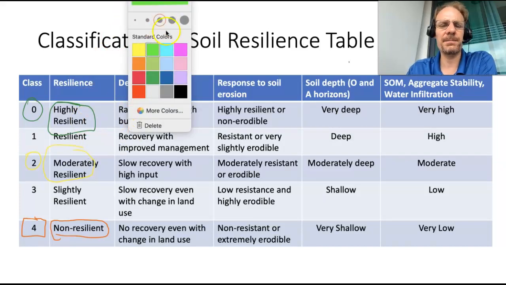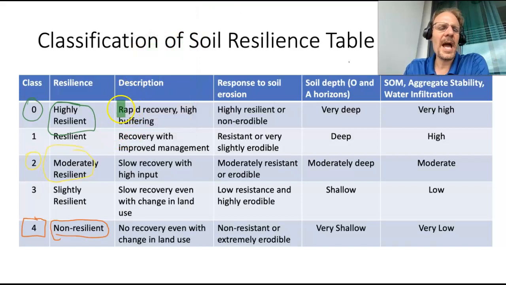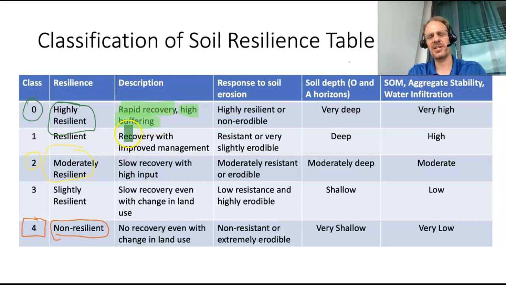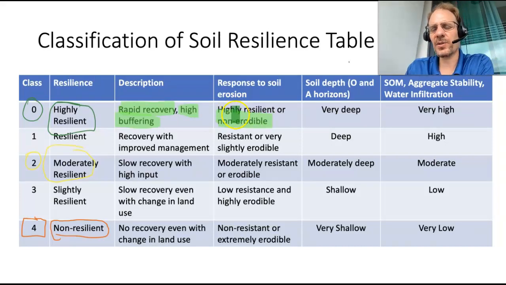So, as we'd expect, resilient soils have high resilience and recover rapidly. They can also buffer or withstand the change. These soils are going to be non-erodible. They have soil properties that allow them to prevent soil erosion.